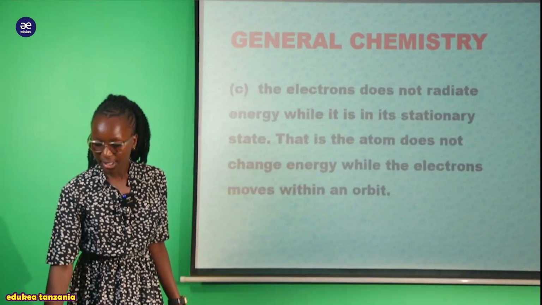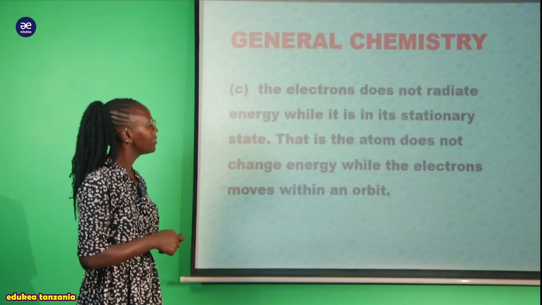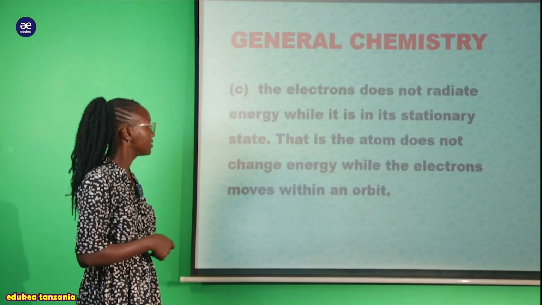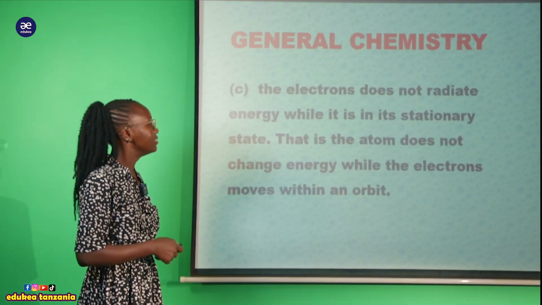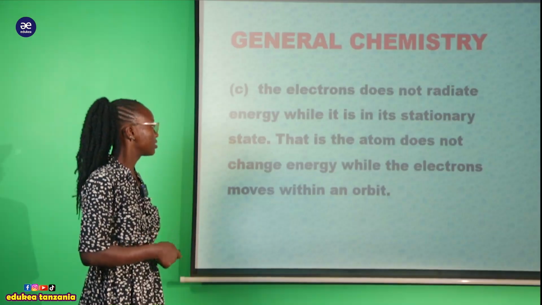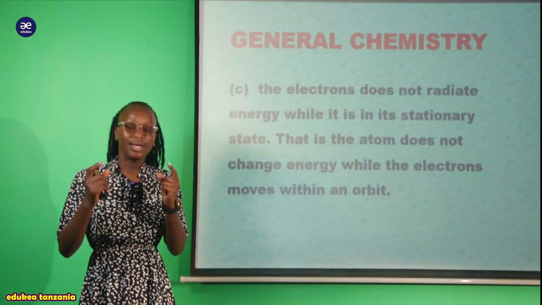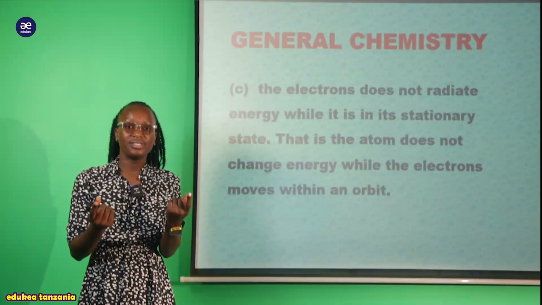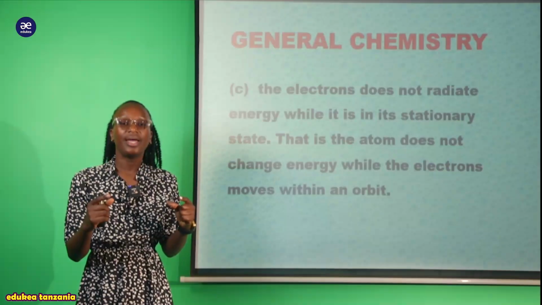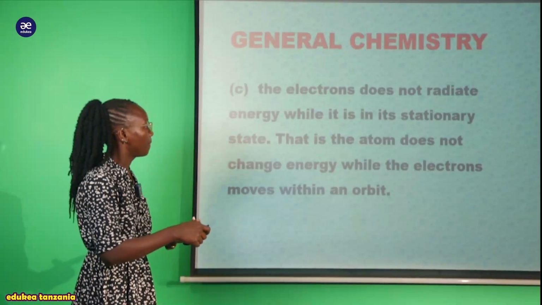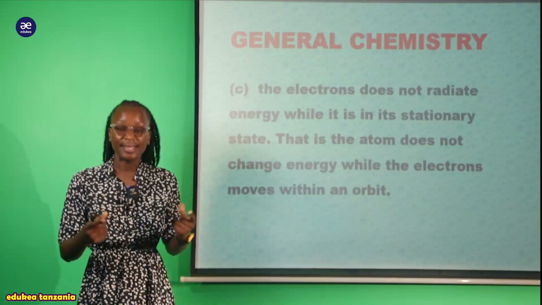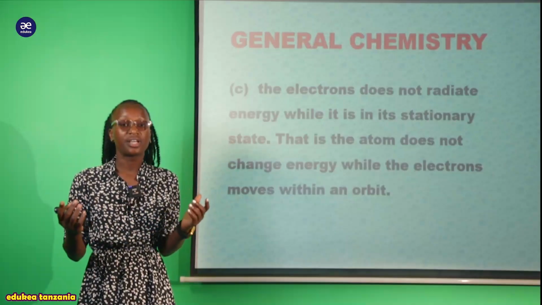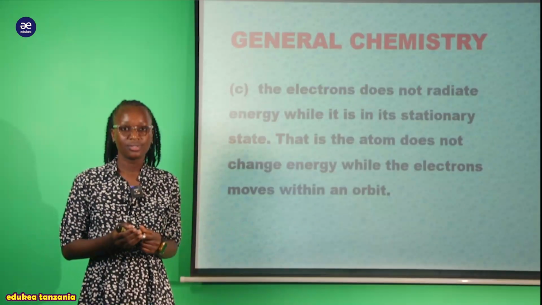But another assumption is the electron does not radiate energy while it is in its stationary phase. Kwamba electrons zinapokuwa kwenye stationary phase, they do not radiate energy. It comes from the word radiation. Radiate.